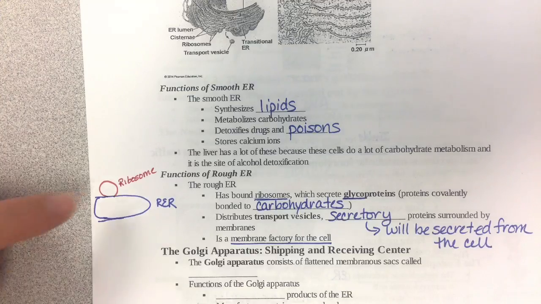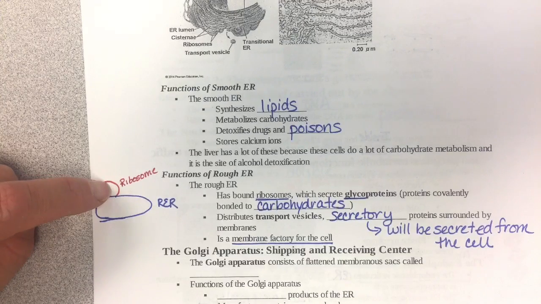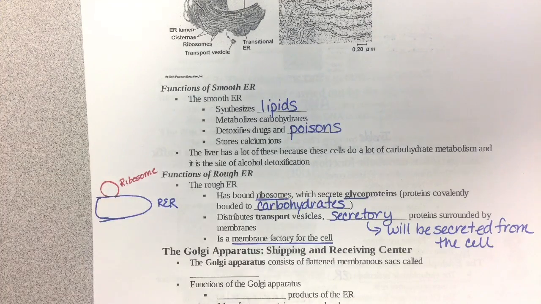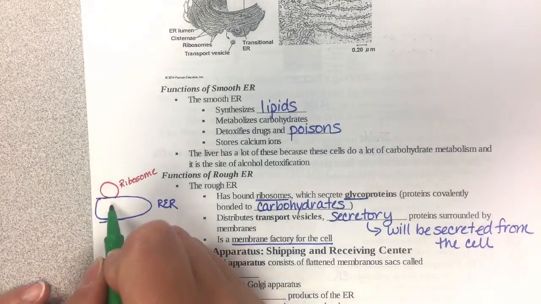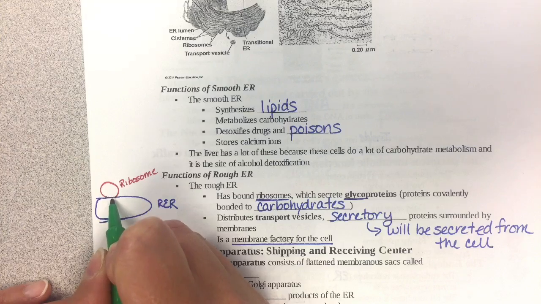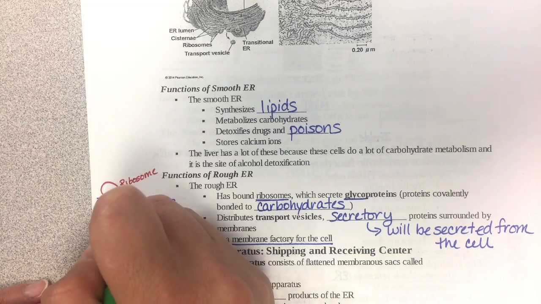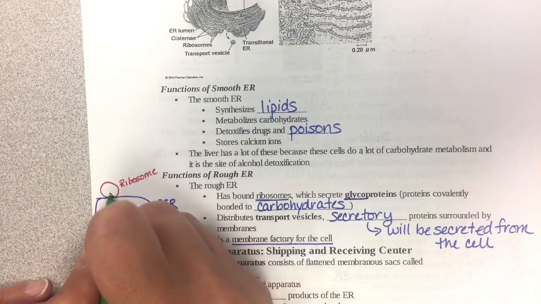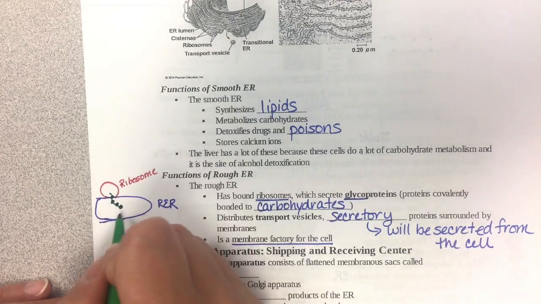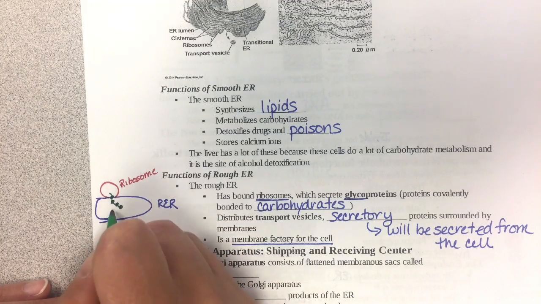So at the ribosome, what happens is protein synthesis, right? So we start to make proteins. It's going to start adding one amino acid to another, so you get a growing polypeptide chain. It's hooking one amino acid to another amino acid to another amino acid, and so this polypeptide chain is being made.